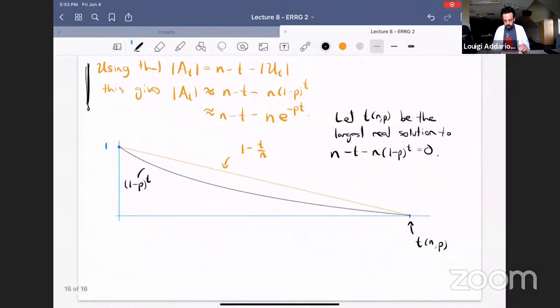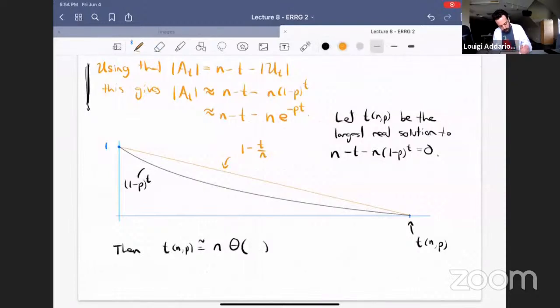Then t_p is in fact, you know, n times theta of np basically. Actually, theta of np we called lambda.